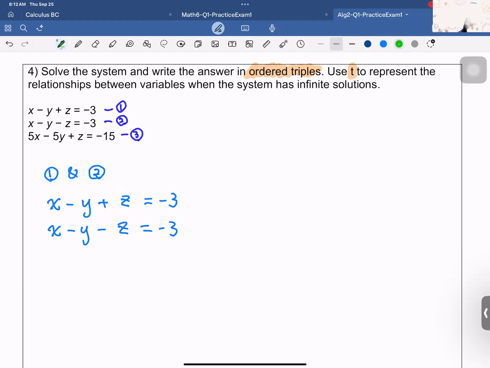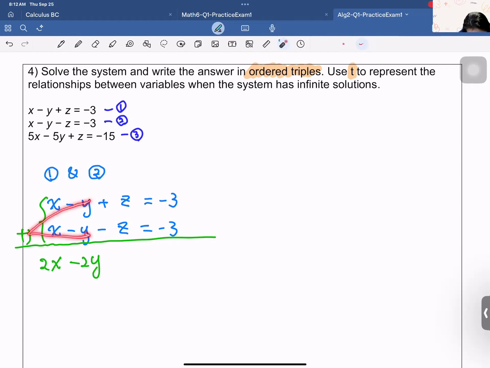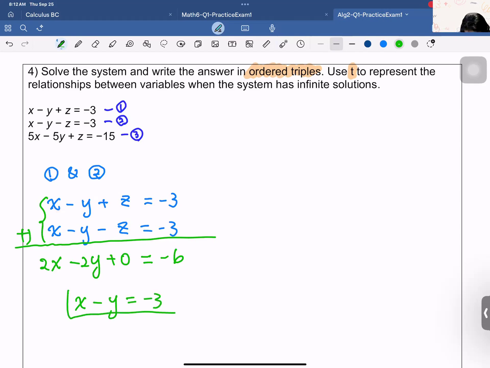Then I can happily add them up. So x plus x, this is 2x, minus 2y, y minus y equals, this is 0, negative 6. So x minus y equals negative 3. This is my first equation.